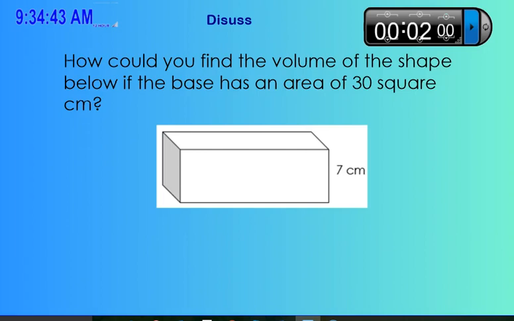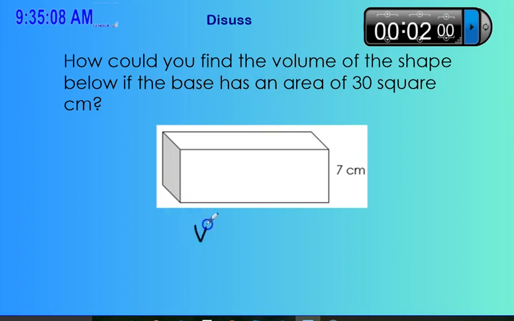All right. So, one last thing before we move on to Socrative. If you were given this prism and you were asked to find the volume of this prism, and they told you that it has a base of 30, and all they show you on the picture is 7, how could you find the volume using that information?